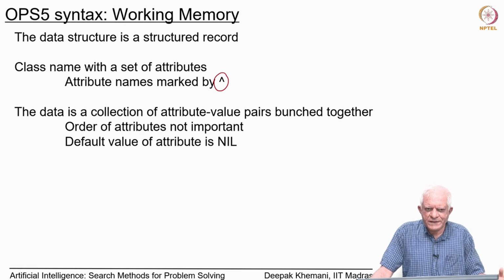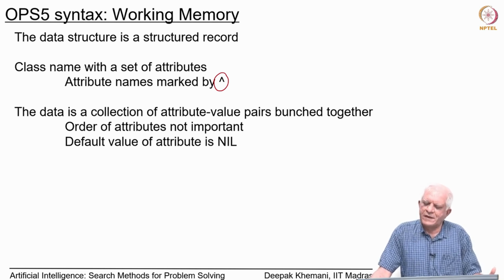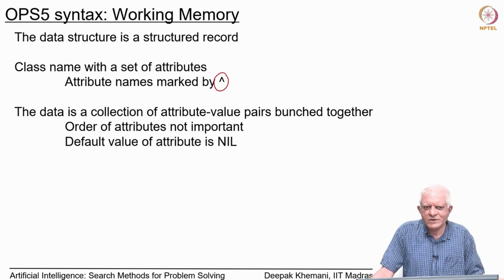It turns out that it is easy to implement systems where the order of attributes is not important. You do not have to say the name and age, for example, and roll number in this particular order. You could state that in any order and the system would work. The default value for any attribute was nil, which means if the data does not specify it, then this is what would be stored in the value field of the particular attribute.